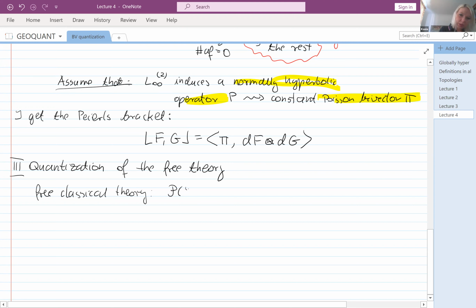So P of O is the space BV of O, multi-local functionals on the odd cotangent bundle.